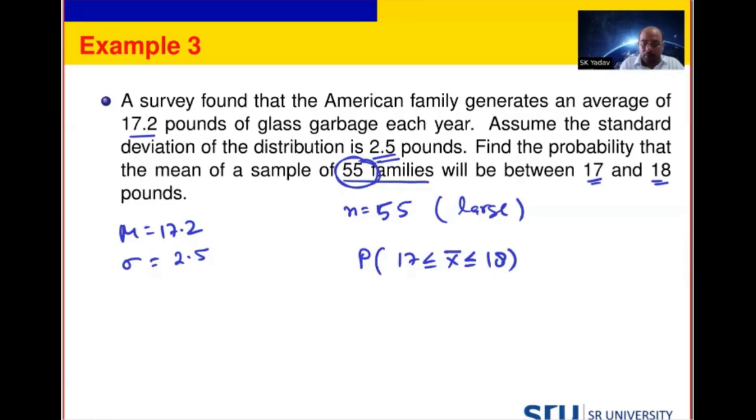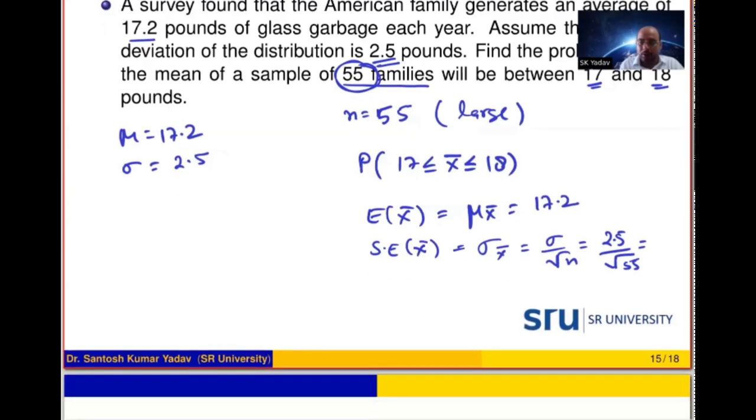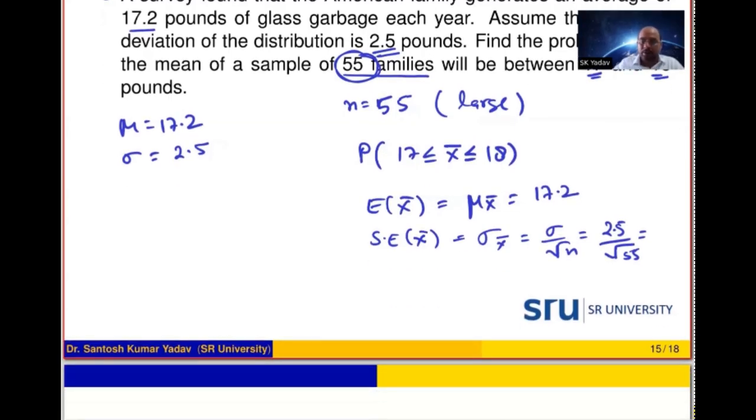So you can compute the mean of x bar: E of x bar equal to mu of x bar equal to 17.2, and the standard error of x bar, which is sigma of x bar, is equal to sigma by root n. Sigma is the population value, so 2.5 divided by root of 55. So you can do this computation, and then apply the central limit theorem to compute the required probability.